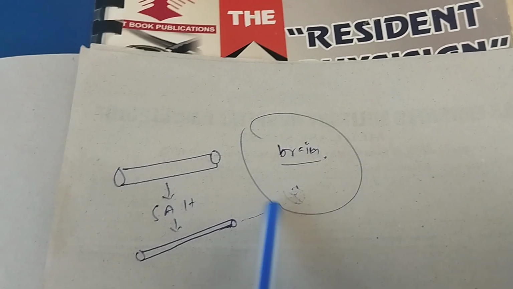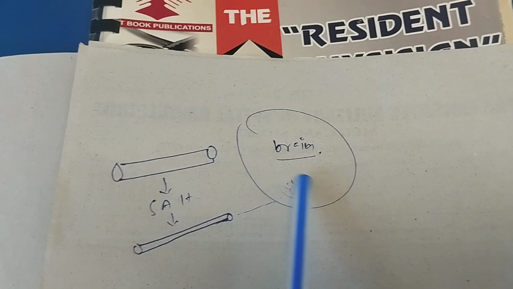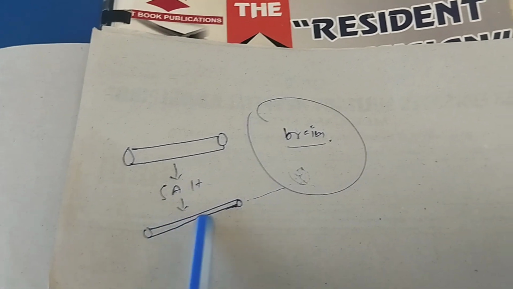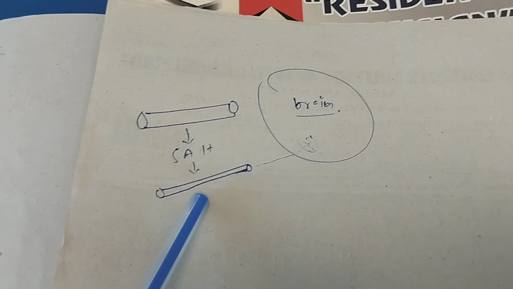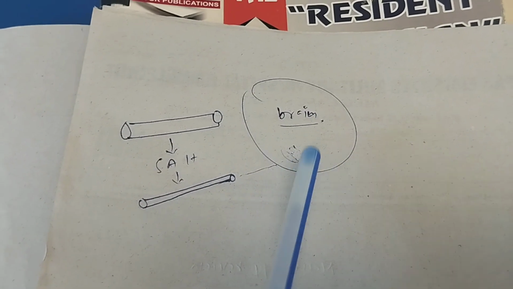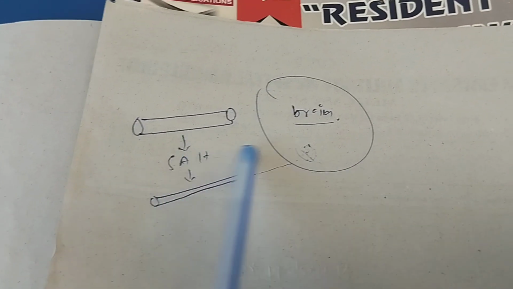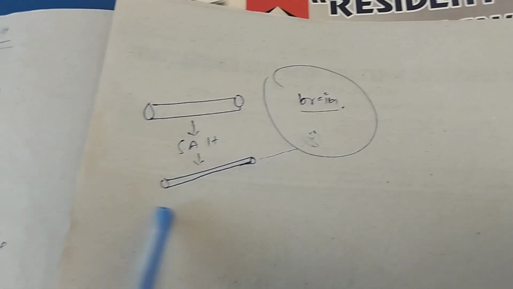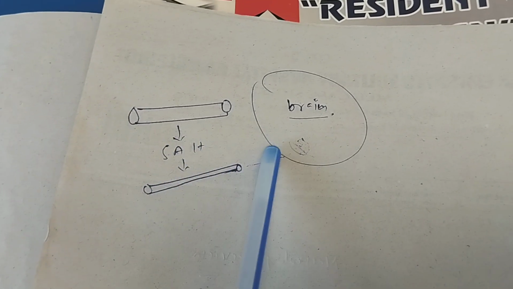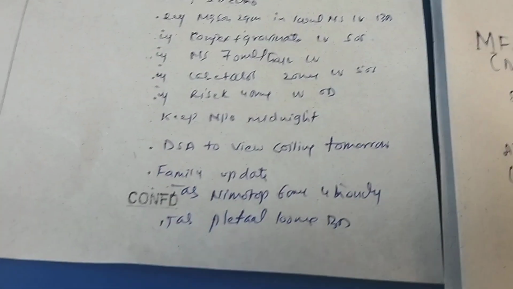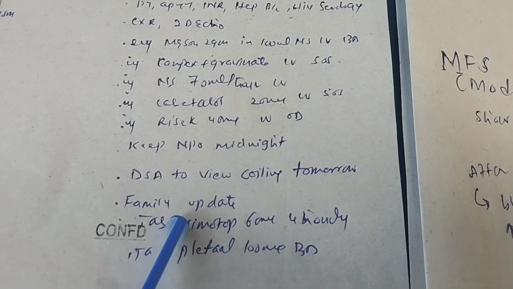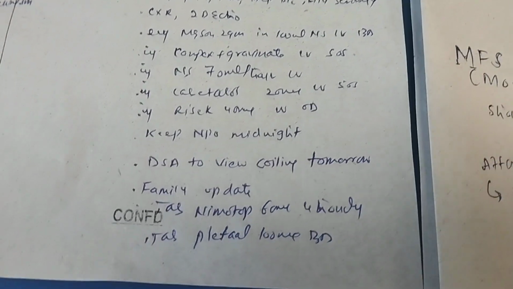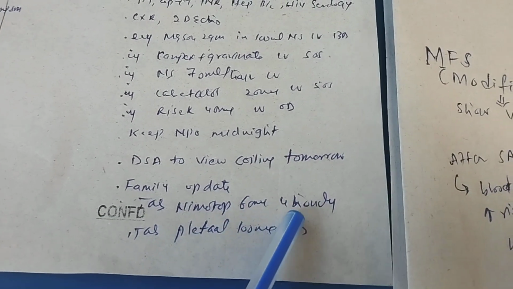If a stroke occurs in this territory, it is called a vasospasm-induced infarct, because the blood flow is decreased. So the mainstay of treatment for subarachnoid hemorrhage is to protect the patient from this further infarct. We give therapy for vasospasm: cilostazol, that is Pletal 100 mg BD, and nimodipine or Nimotop 60 mg 4 hourly.